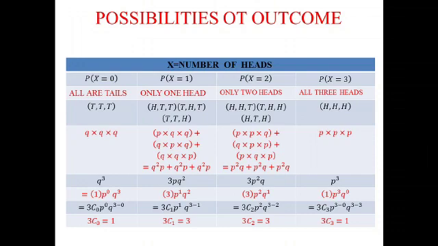Now let us go to the last column, probability of X equal to 3. That is getting all the 3 heads in the 3 flips of the coin.